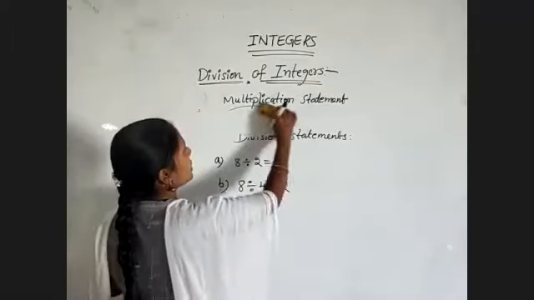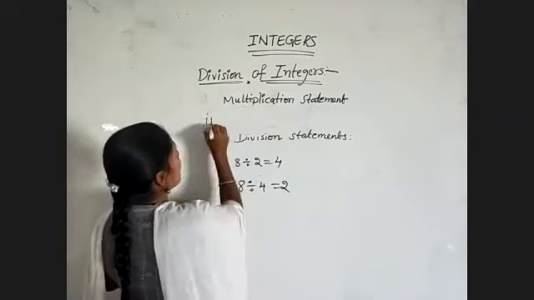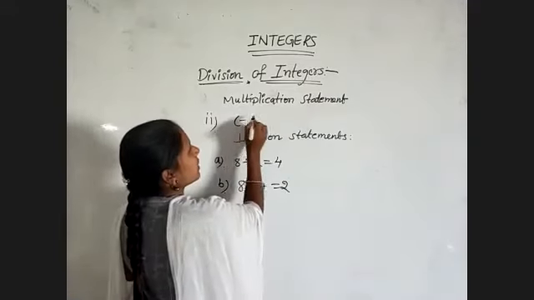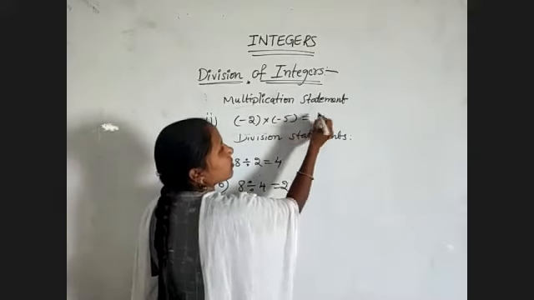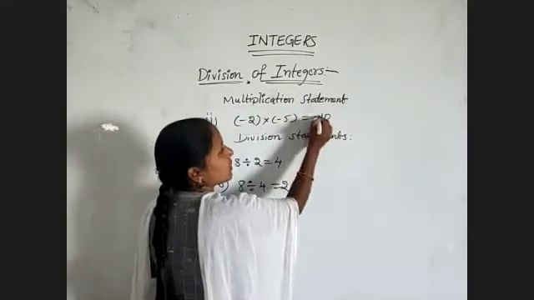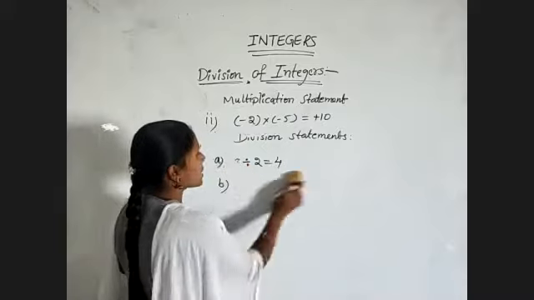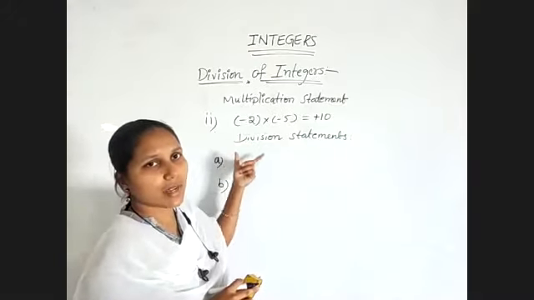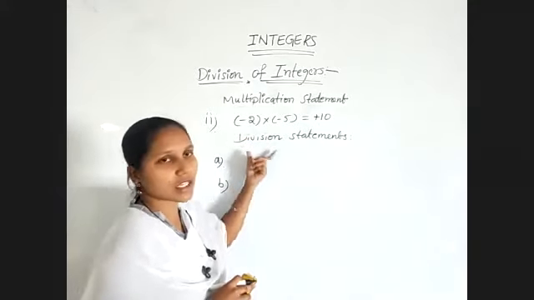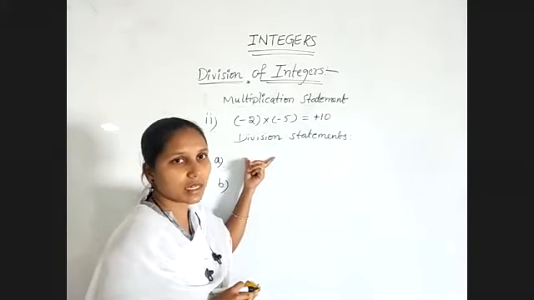Second condition, if both are negative, minus 2 into minus 5, 5 twos are 10, minus into minus becomes plus. In this case, how will we get the division statements? For every single multiplication statement, we get two division statements.